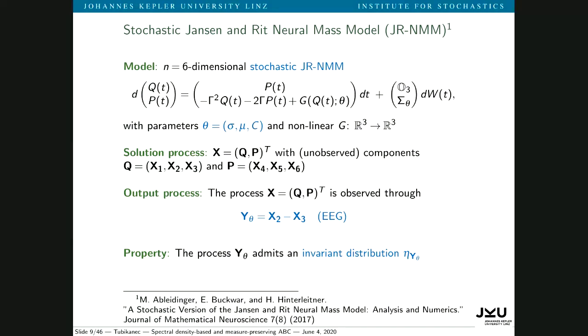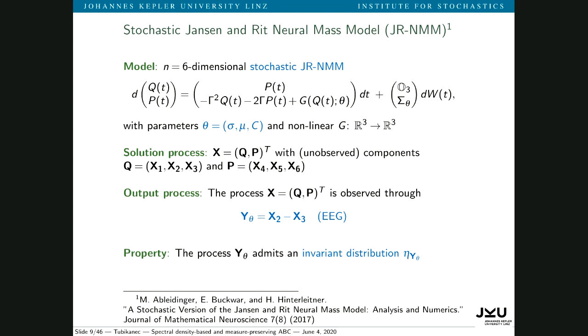One is the parameter C. It's an internal coupling parameter that controls to which kind of extent the neurons are interacting with each other. And then there are mu and sigma, which can be interpreted as deterministic and stochastic external input coming from neighboring or also from more distant cortical columns.